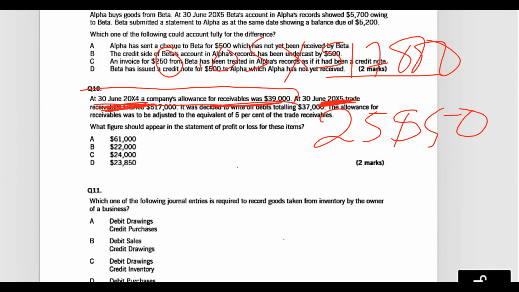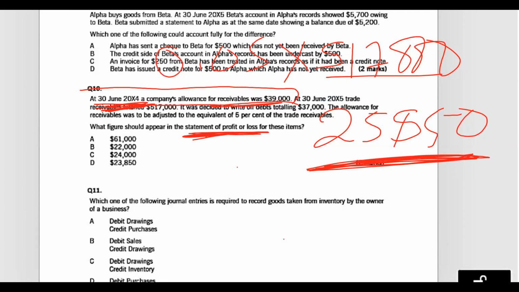Now, in the new period, we are asking about the statement of profit and loss. The profit and loss account just deals with the present period, not the previous one. We are just interested in what has occurred during the new period.